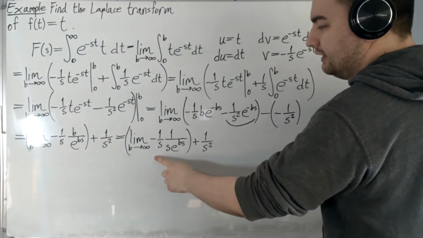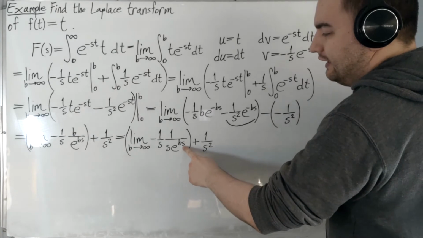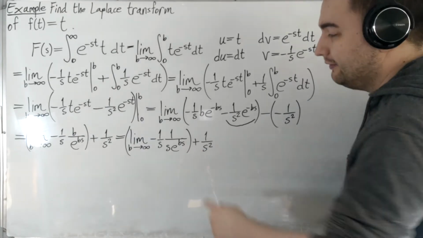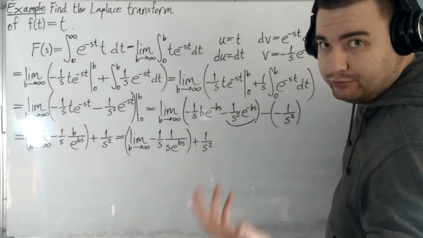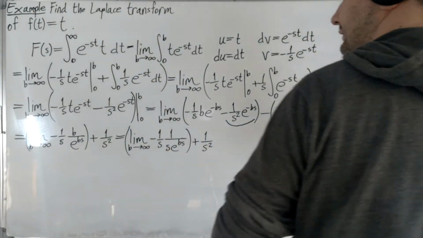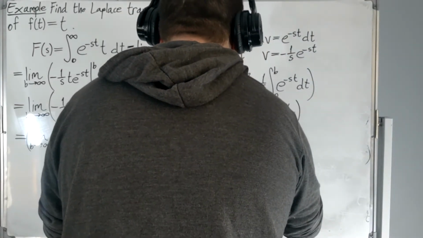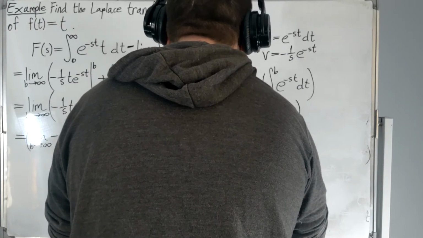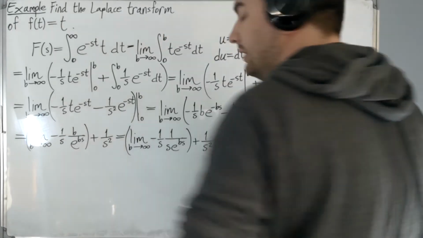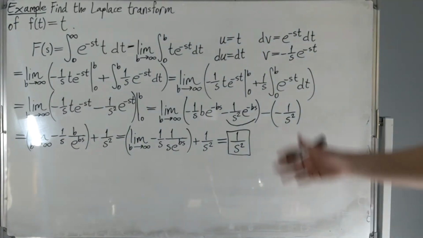Well, as b approaches infinity, e to the bs approaches infinity, and therefore 1 over that approaches 0. So altogether, what we get here is 1 over s squared, and that is our Laplace transform of t.